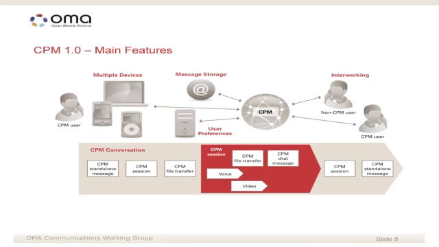For instance, when you're roaming, you may prefer to receive it via interworking rather than a full multimedia message. You can also set preferences on storage, on which types of messages you would like to store or not.